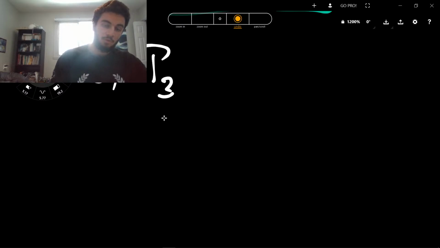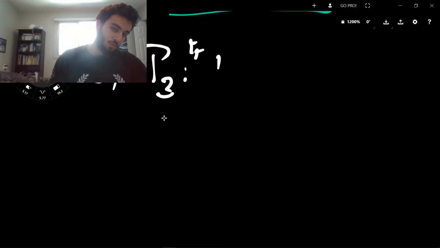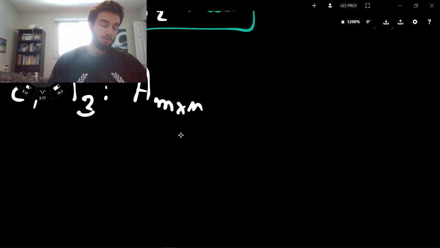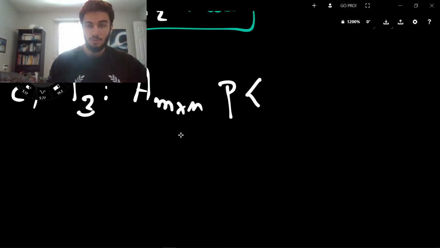Next, let's go for C. C says that if we have a matrix A, so let's go for B3, what's the proposition? We have a matrix A, n by n, has P pivots smaller or equal to n.